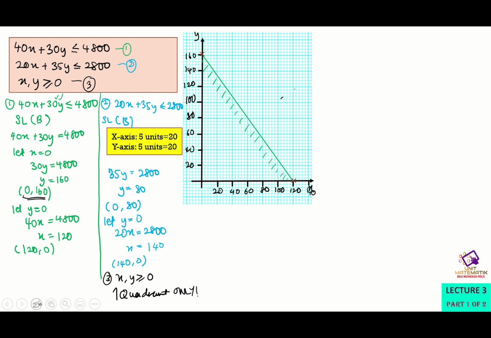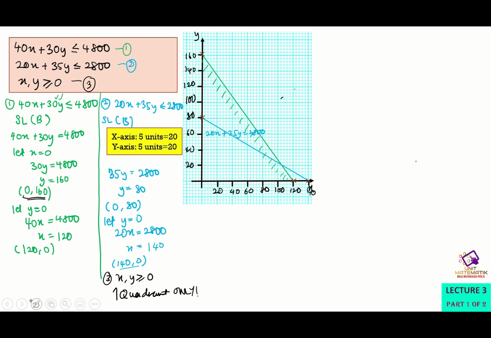Right. Next, for the second inequalities, we have the point 0, 80. So mark your point 0, 80, and the second point is 140, 0. So mark your point and then draw your linear graph. Okay, don't forget to label your graph. Okay, student. So I will write it here. 20x plus 35y equals to 2800.